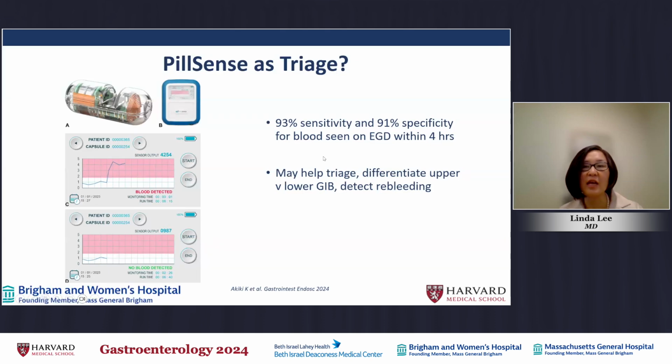An initial study has shown very high sensitivity and specificity for detecting blood when using EGD as the gold standard, performed within 4 hours of patients swallowing this capsule. So this is certainly intriguing. It requires further study to help us understand whether it may help with triage, differentiating upper or lower GI bleed, and detecting rebleeding.